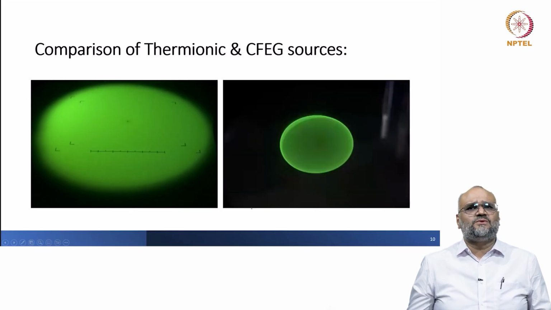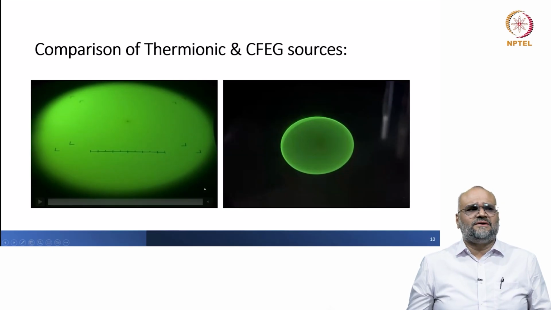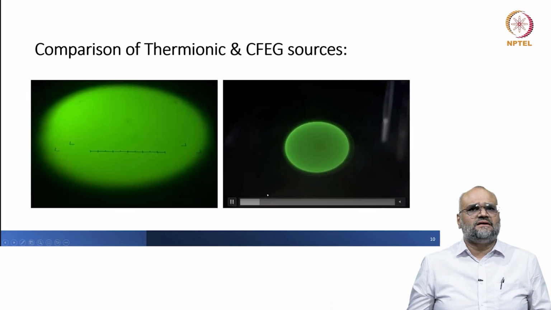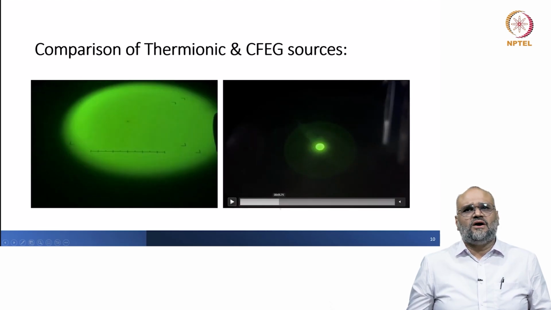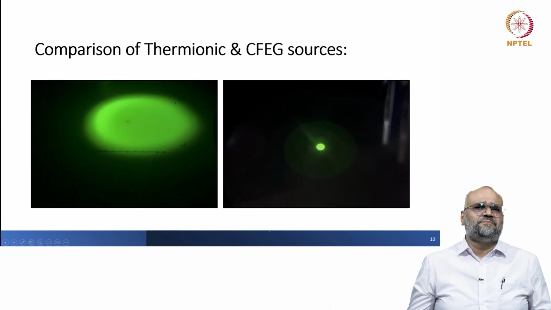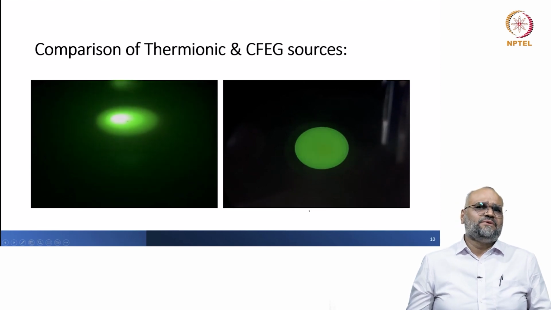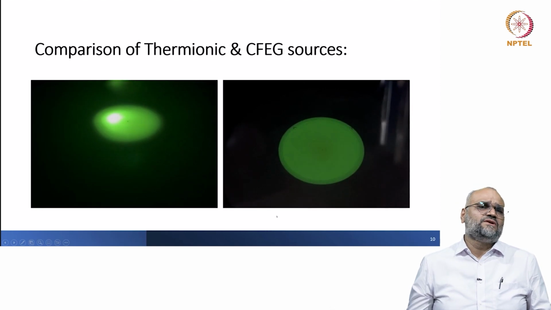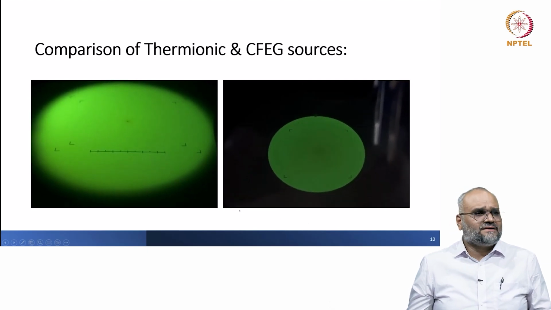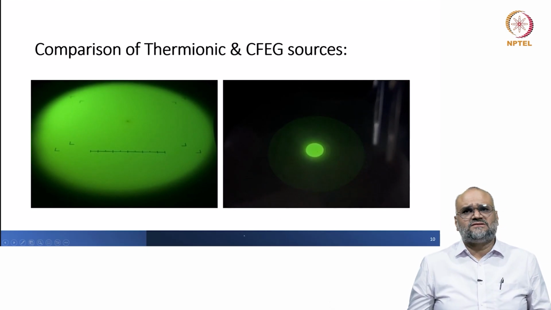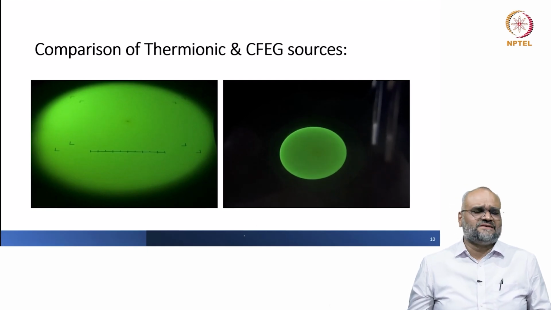And if I compare it with a cold field emitter source, the point of convergence is rather sharp. This gives you an example of how good the coherency is when you compare a thermionic emitter versus a cold field emitter. But there are a few important characteristics of a source which determine the quality of your imaging in a transmission electron microscope, and we'll look at them in the next slide.